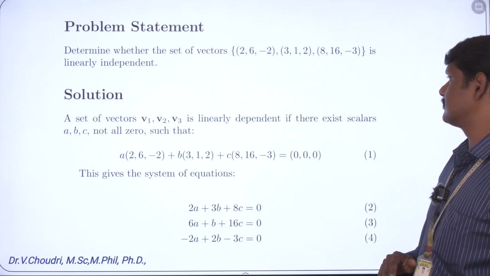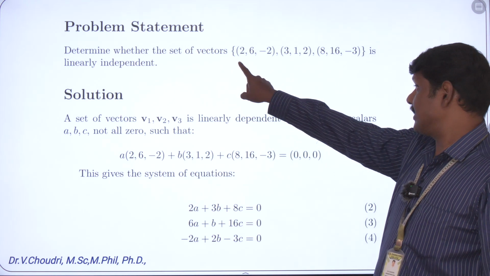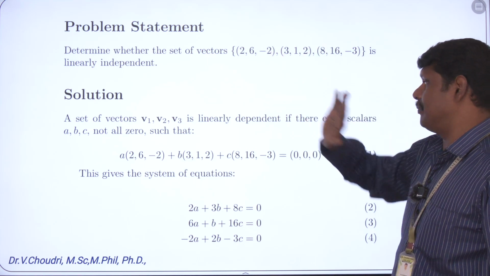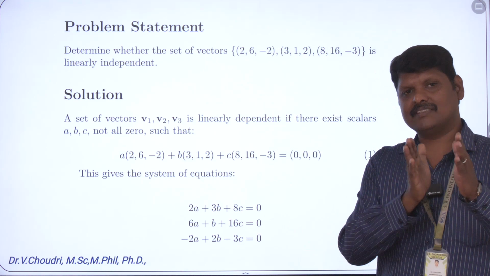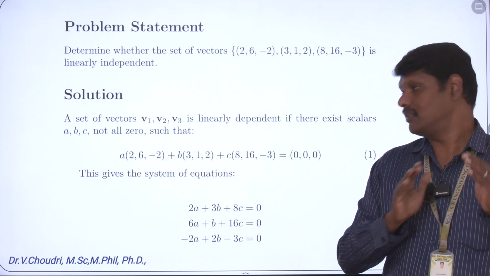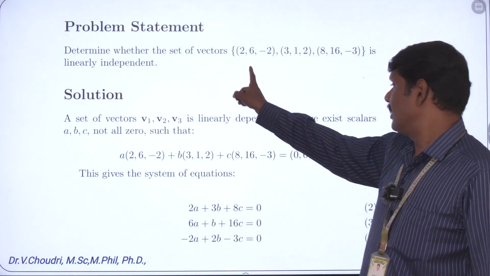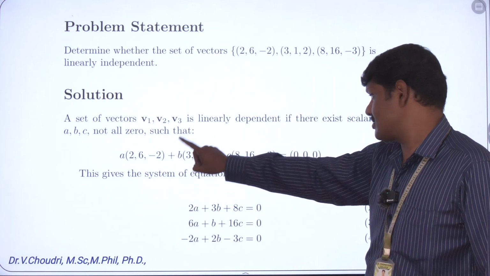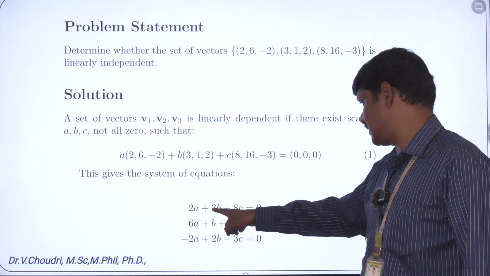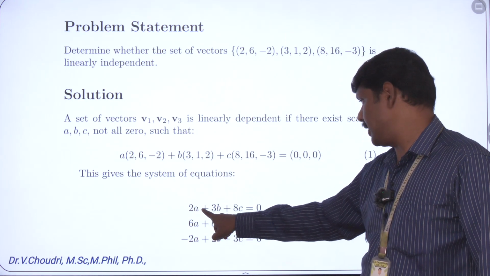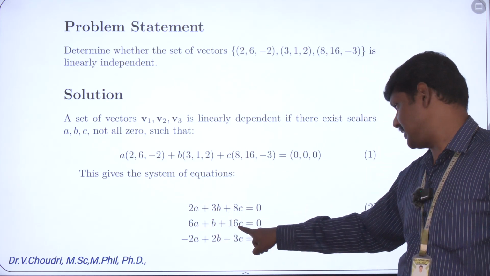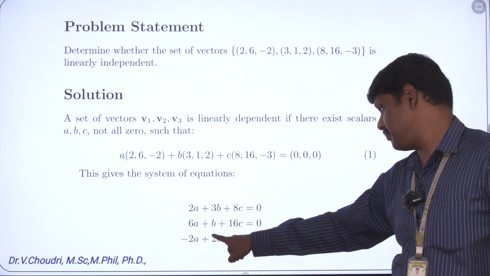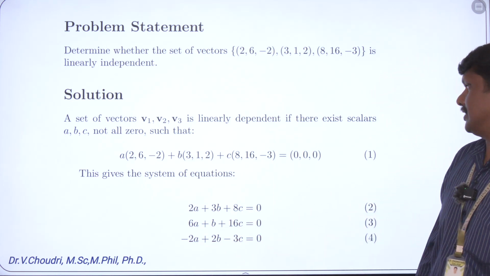Simple problem. Determine whether the set of vectors is linearly independent. Again, I will come to the previous main explanation. A, B, C are the constants, v1, v2, v3 are vectors, then form the equations 2A plus 3B plus 8C equal to 0, 6A plus B plus 16C equal to 0, minus 2A plus 2B minus 3C equal to 0.